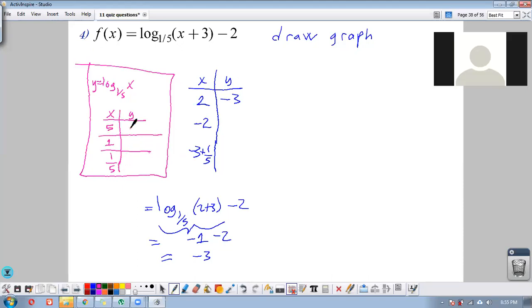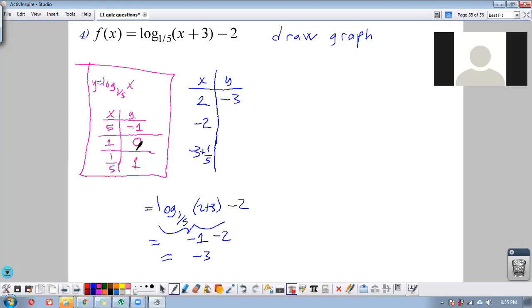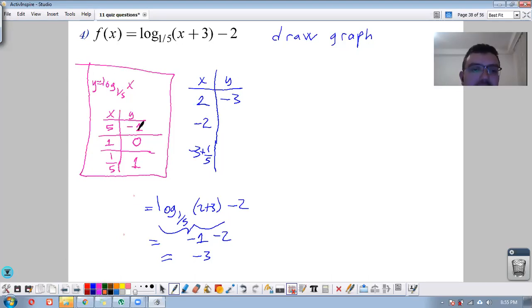After that, the results will always be minus 1, 0, and plus 1. Let's do these results with a different color, brown. These results are the results of the logarithmic part. Like in here, the minus 1 came from the logarithmic part.